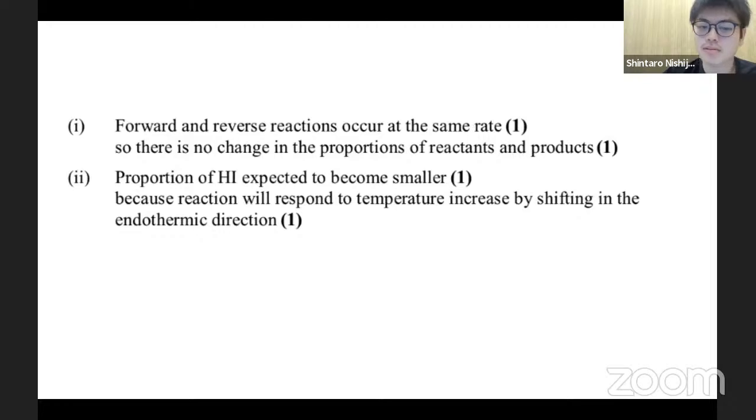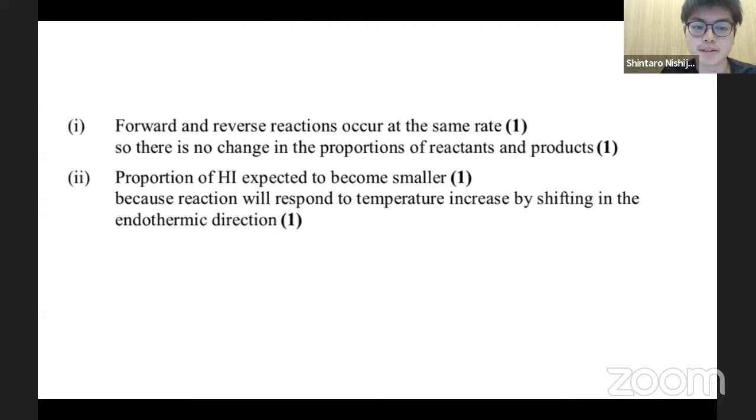But to the right is a bit too vague. You should say that it will favor the endothermic direction, or the exothermic direction. That's how you would know your reasoning is along the right line. It shouldn't be to the right or to the left. You should be saying whether it's the endothermic direction or the exothermic direction.